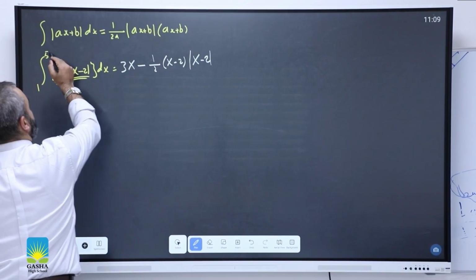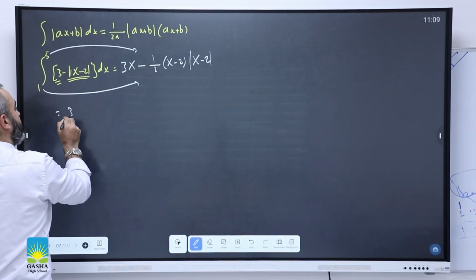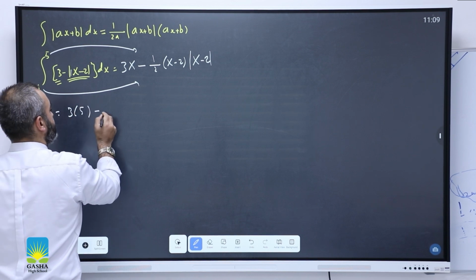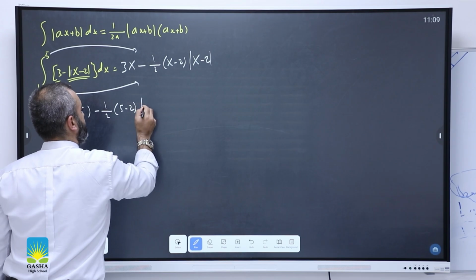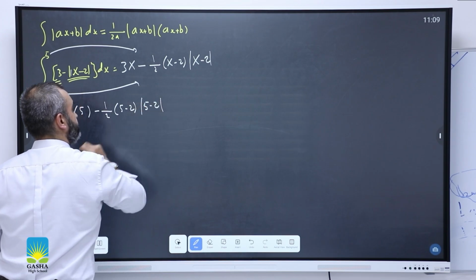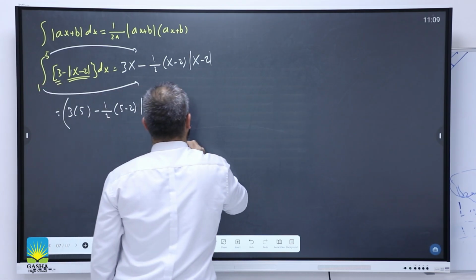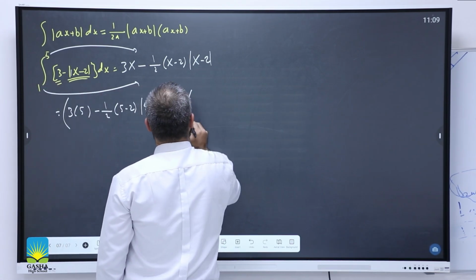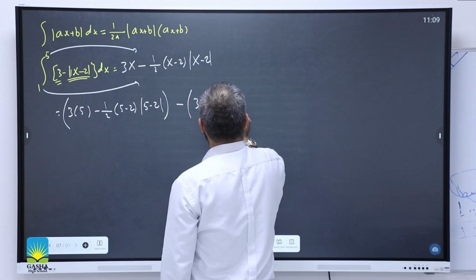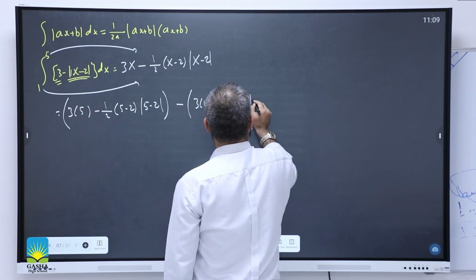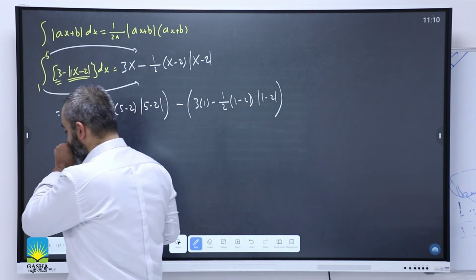So we substitute 5 here and 1 here. It becomes 3 times 5 minus 1 over 2, 5 minus 2, times the absolute value of 5 minus 2, right? Minus, and this is about 5. What about 1? 3 times 1 minus 1 half, 1 minus 2, times the absolute value of 1 minus 2.